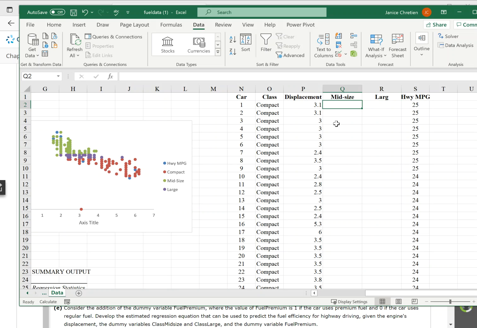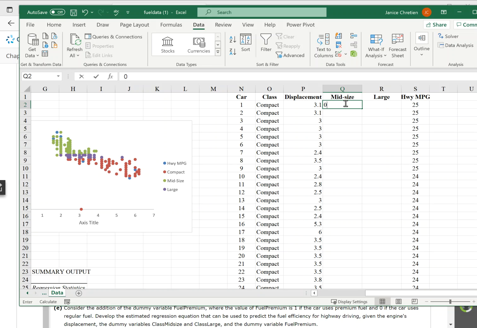And all a dummy variable is, it's giving us a numerical value for something that we don't have a numerical value for. We use this a lot in dichotomous data, meaning if I asked you a question and there was only 1 or 2 answers, yes or no, male or female, and we need to assign a value, the value really doesn't mean anything. You as the researcher can determine what you want the value to be, but in this case it said if the car is a mid-size, give it a value of 1, otherwise give it a value of 0.